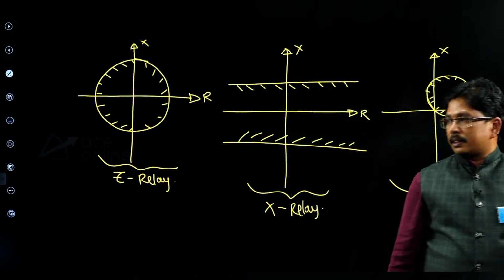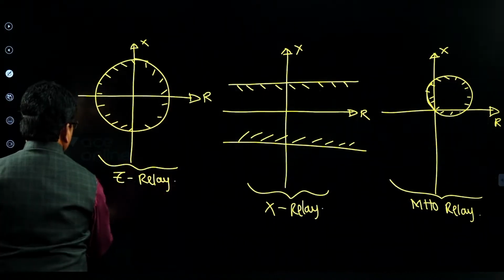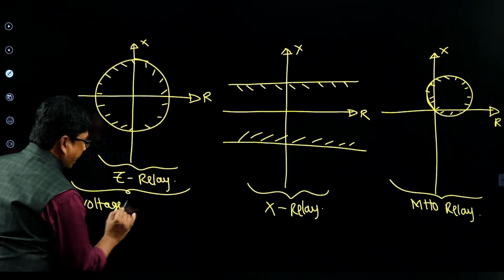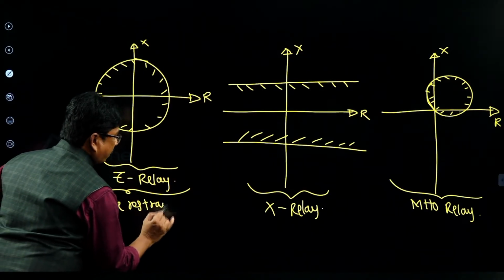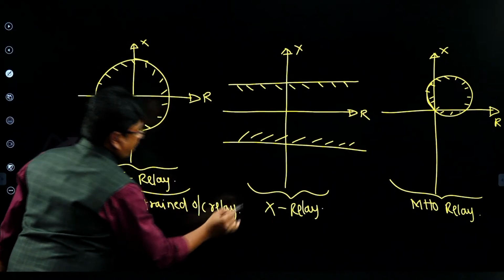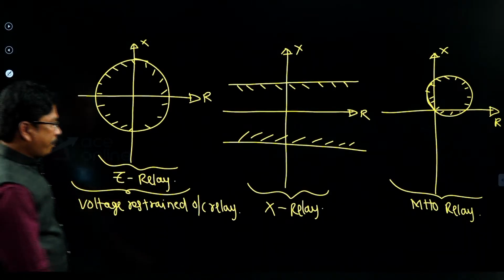Those are the characteristics of the relays. What is the other name of impedance relay? Impedance relay is also called voltage restrained over current relay.